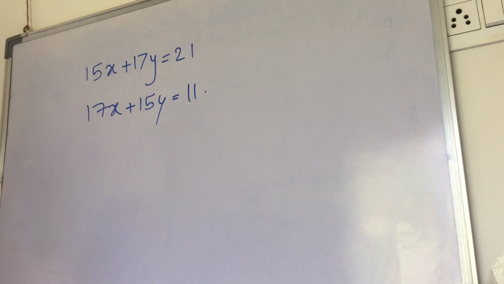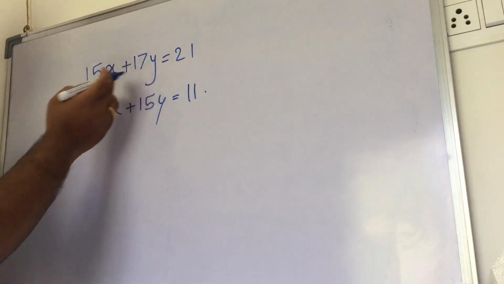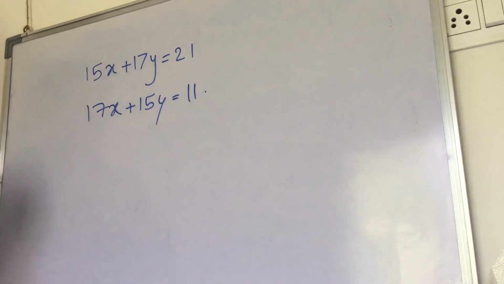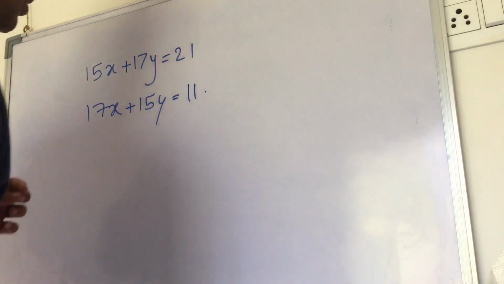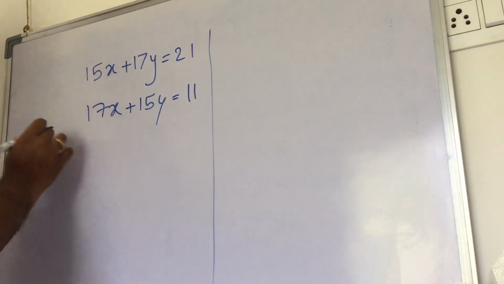You can form another two equations from this and then solve them, or you can multiply the first equation by 17 and the second by 15, but it will be very complicated. So one of the easy methods is, I will solve it and explain it to you, right?